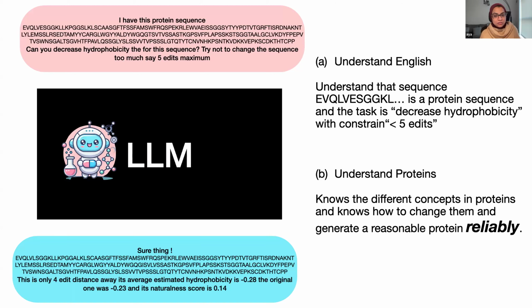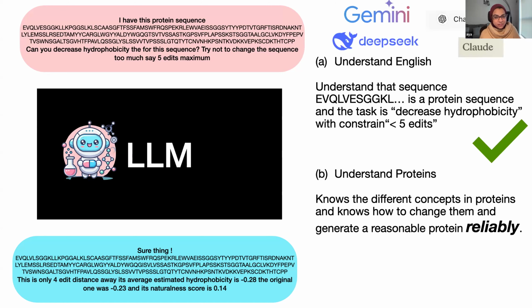Not only what a protein is, but the different concepts in a protein, how to change them, and how to generate new proteins in a reliable manner. For the first task, it's good that we already figured that out. There are many models and agents out there that do a great job, such as Gemini, Claude, ChatGPT, DeepSeek, and so on.